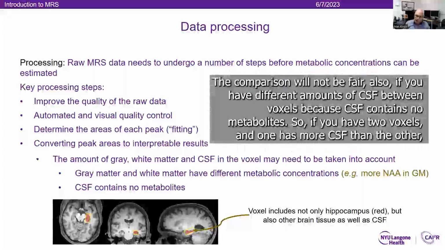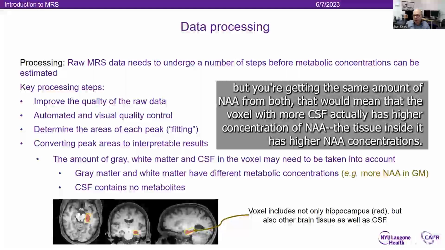The comparison will not be fair also if you have different amounts of CSF between voxels, because CSF contains no metabolites. So if you have two voxels, one has more CSF than the other, but you're getting the same amount of NAA from both, that would mean that the voxel with more CSF actually has higher concentration of NAA.